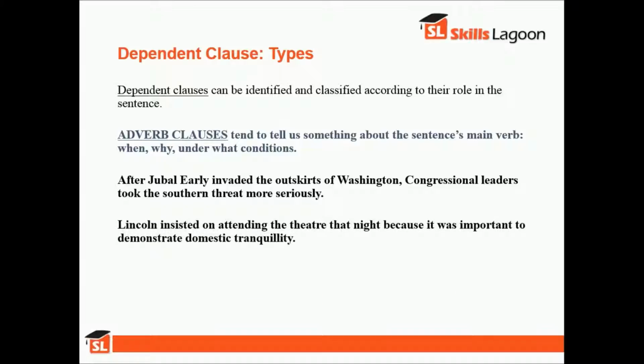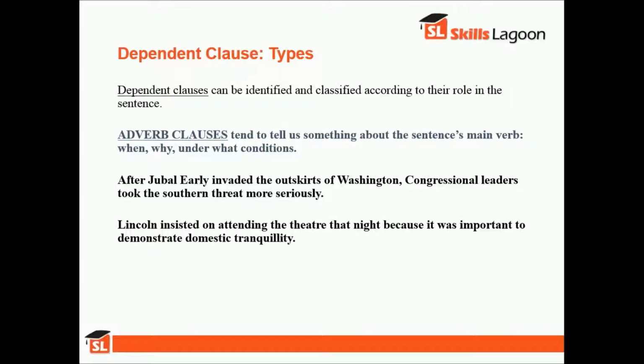The next one: Lincoln insisted on attending the theater that night because it was important to demonstrate domestic tranquility. Here, because onwards is a dependent clause, and it's answering the question. The question is why Lincoln insisted, and the answer is because it was important to demonstrate domestic tranquility.